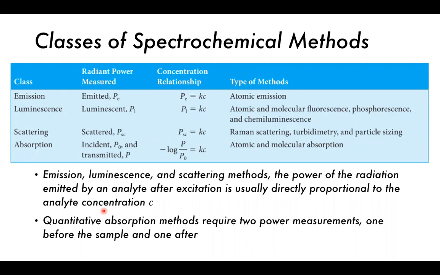Usually it's due to too high a concentration or too low a concentration of our analyte. That causes non-linearity in our calibration curves and in the Beer-Lambert relationship, which means they're no longer proportional. So we have to stick within a certain concentration range. Then quantitative absorption methods require 2 power measurements, one before the sample and one after.